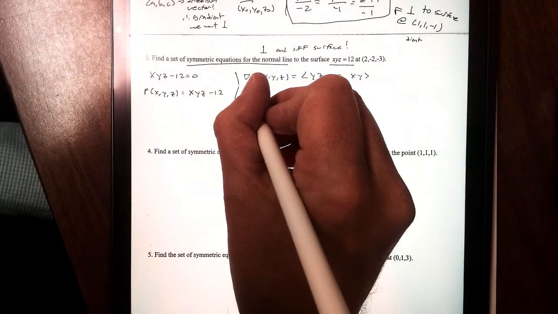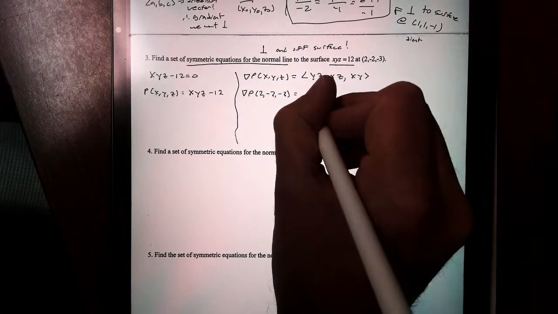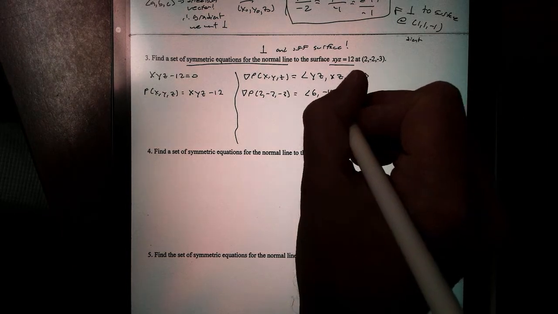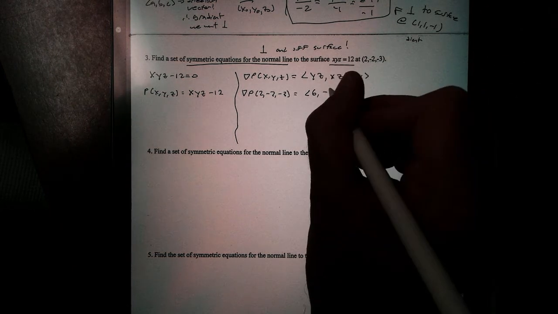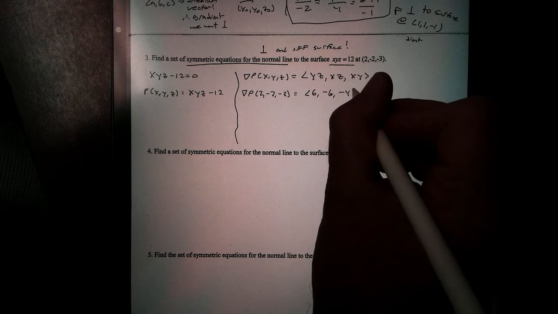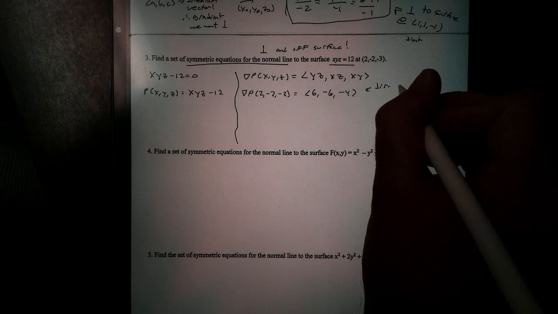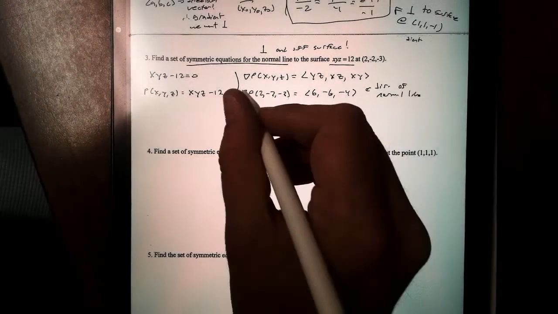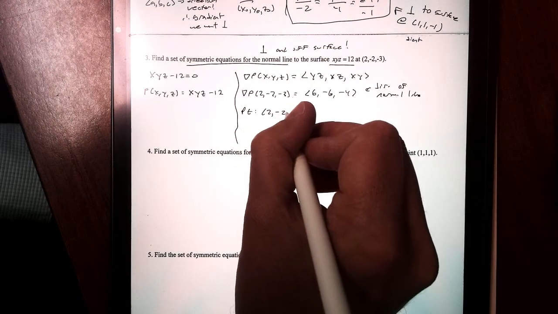Plugging in our point, 2, negative 2, negative 3, we're going to get negative 6, negative 6, negative 4. And remember, this is going to give us the direction of our normal line. And we're already given a point, 2, negative 2, negative 3.